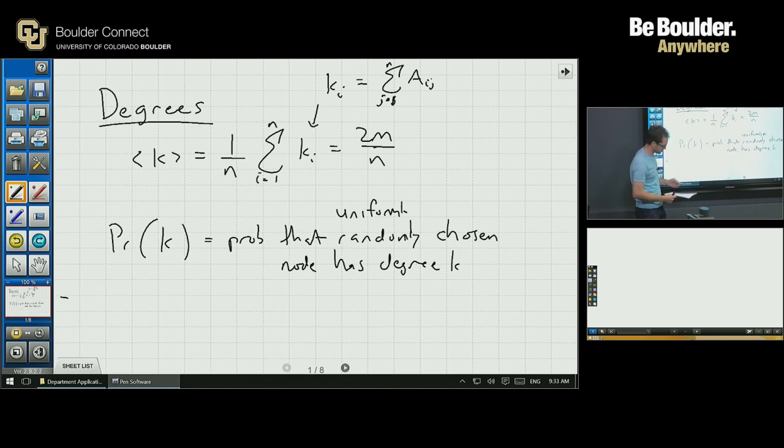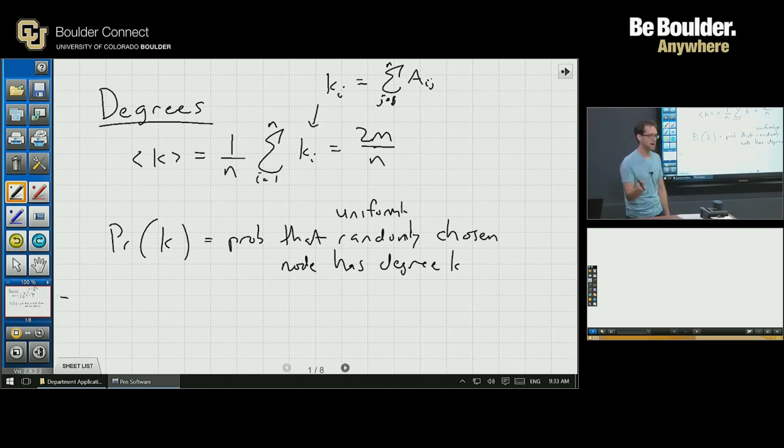That's the degree distribution. The probability distribution for the degree is defined on a support that goes over the positive integers. You can't have a negative degree. You could have a negative strength.